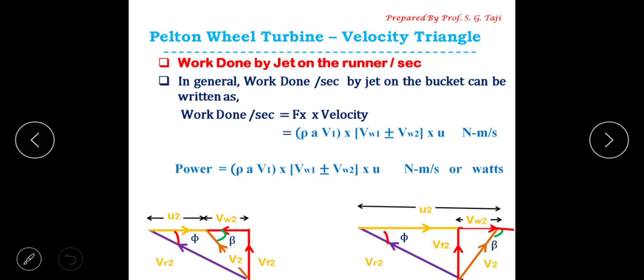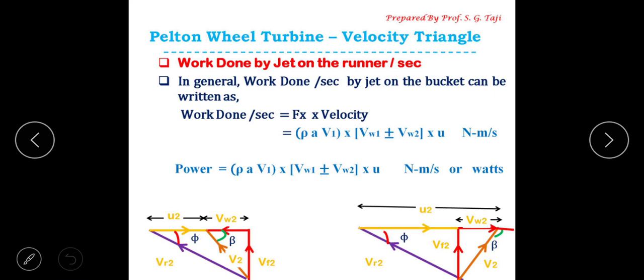In general, work done per second by jet on the bucket can be written as force in the x direction, that is flow direction, Fx, multiplied by velocity: rho a v1 multiplied by Vw1 plus or minus Vw2 multiplied by u Newton meters per second.